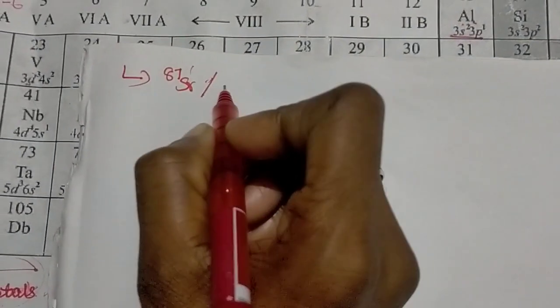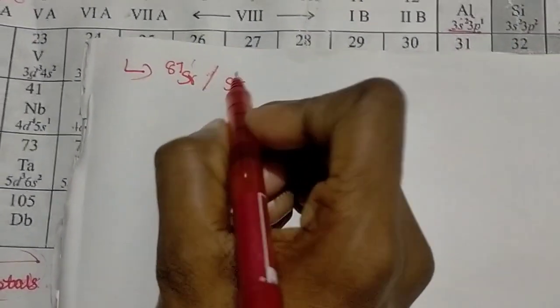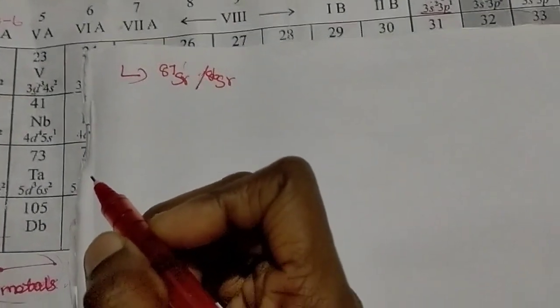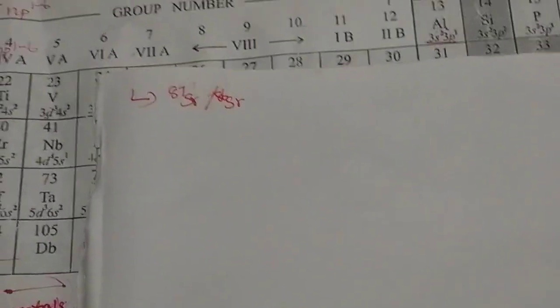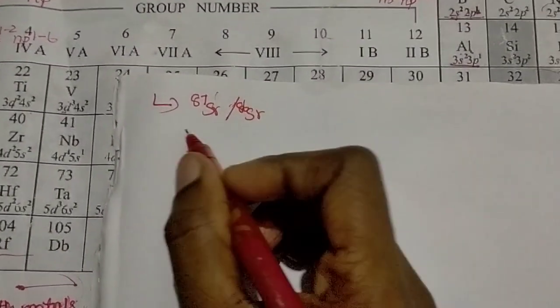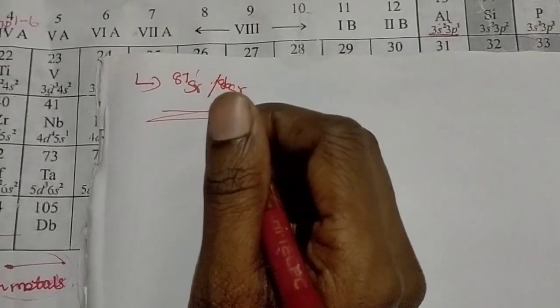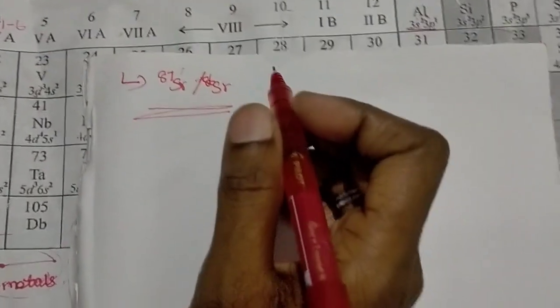Strontium-87 and strontium-86, these two isotopes are used here as a common ratio. This ratio of isotopes is used to carry out marine investigation.